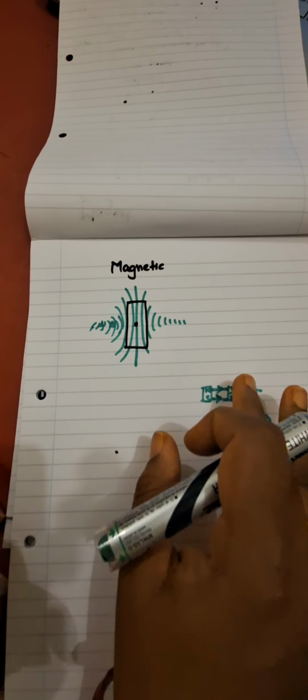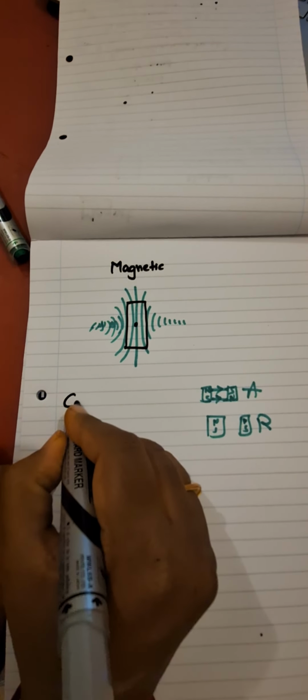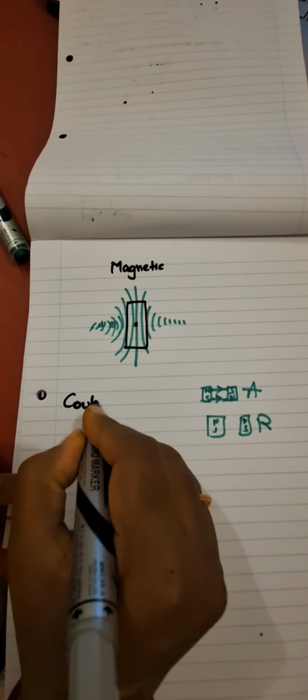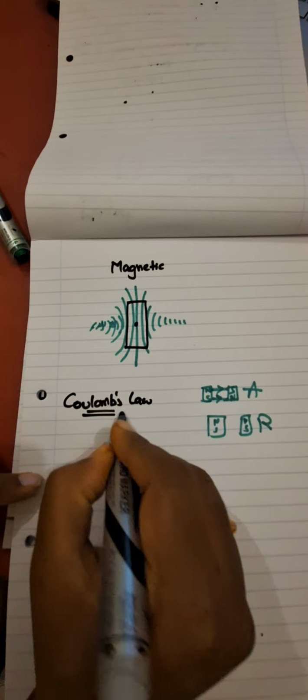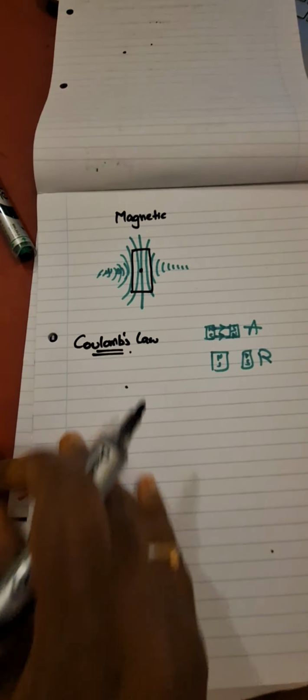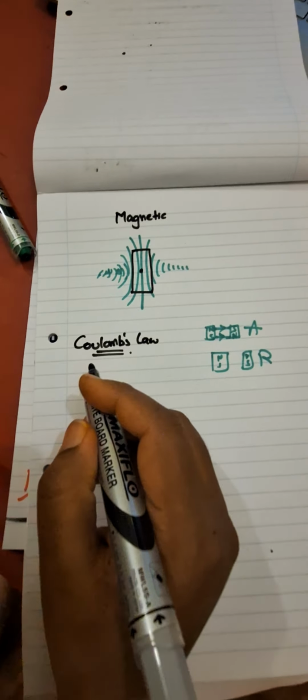So these things are explained by using Coulomb's law. So here we are considering Coulomb's law. According to Coulomb's law, they have two laws.